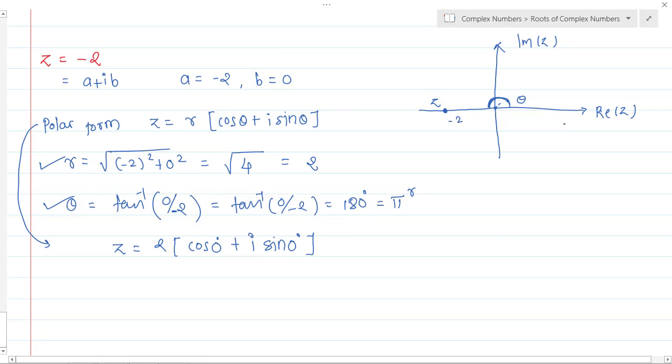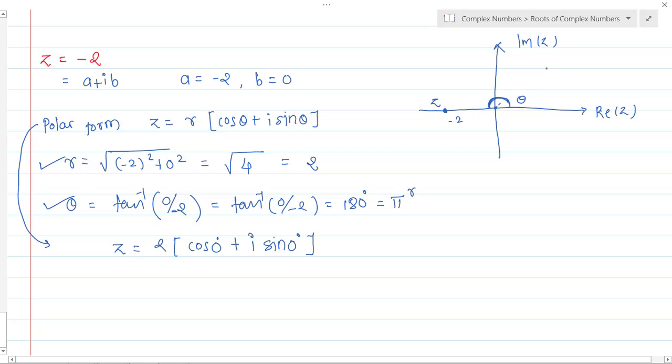Do you know in which quadrant which trigonometric functions are positive or negative? Okay, that part we will see when the integration or the derivative part comes, because we require that concept in that part.